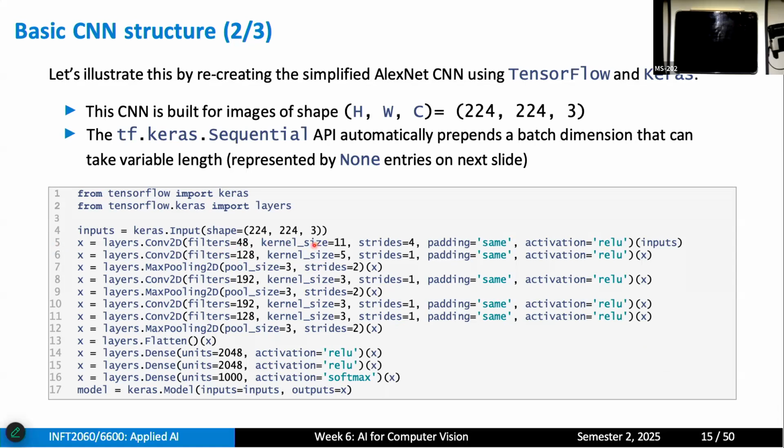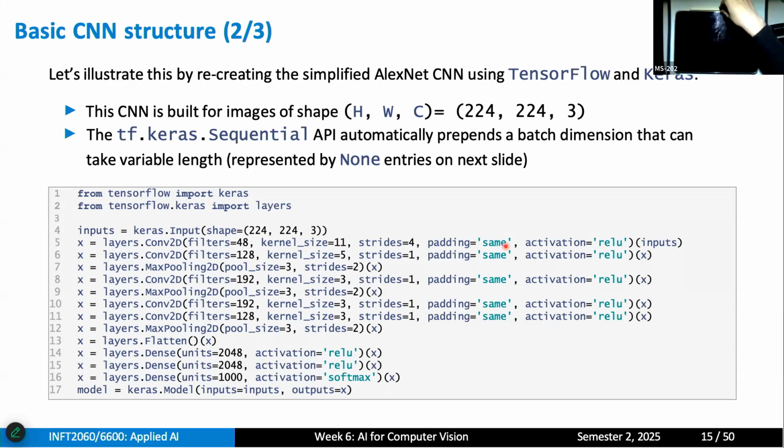Kernel size is 11, which means the window size is 11 times 11, with a stride of 4. It moves the filter by 4 pixels at a time. That's the stride, or we say the step. Padding same means it ensures the output has the same width and height as the input by padding the input.